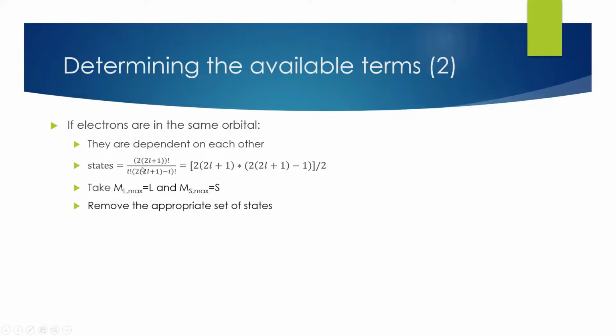In the numerator here, we have 2 times (2L plus 1). We saw that on the last slide. If L is equal to 1 for a p orbital, then 2 times (2L plus 1) is equal to 6, because there are 6 options for where the electron can go in the p orbital. In the denominator, I is the number of electrons. So if we had a p orbital and 2 electrons, this would be 6, this would be 2, and this term here would be 4. So in the numerator, we have how many ways we can arrange the electrons.